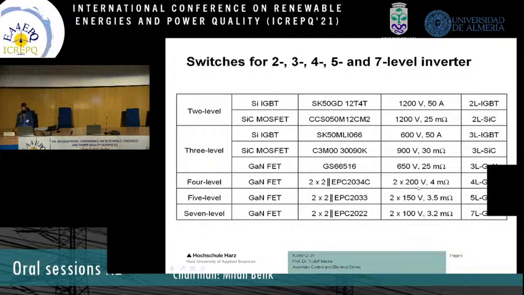The simulation of the conduction and switching losses was done with the best power switches on the market, and you can see these chosen switches with blocking voltages between 1200 and 100 volts.